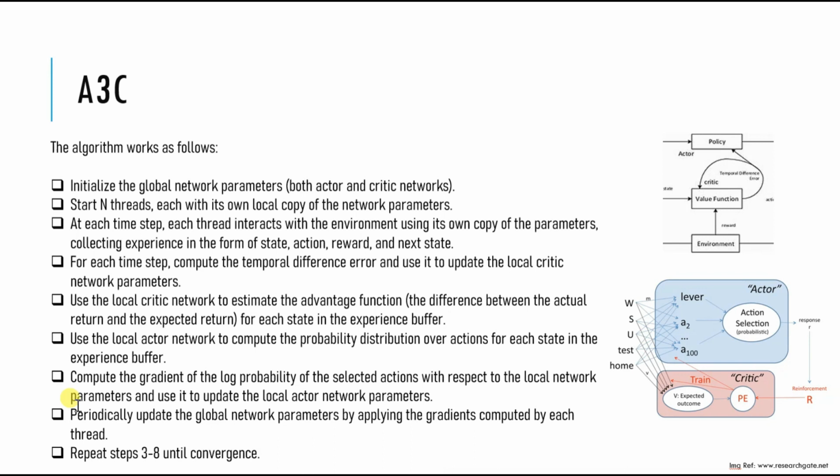Now, what is this parallel nature? It allows you to take advantage of multi-core processors and GPU acceleration that other algorithms can't, making it much faster than any other traditional RL algorithm. So this is how things work in A3C. Now let's look at an example of A3C.